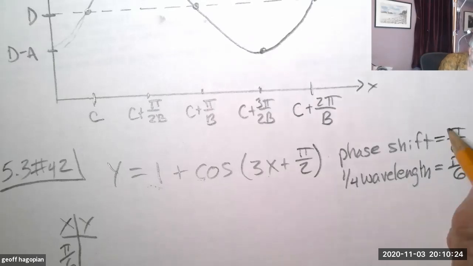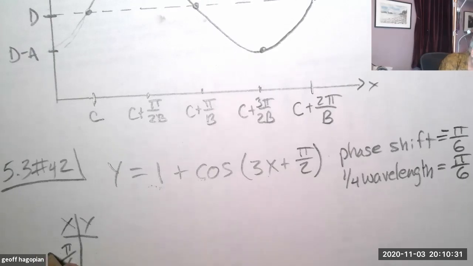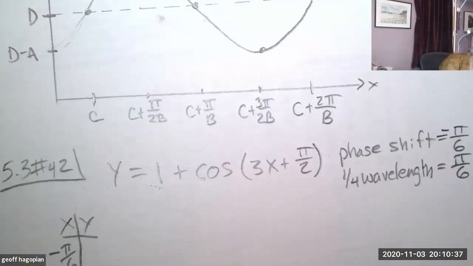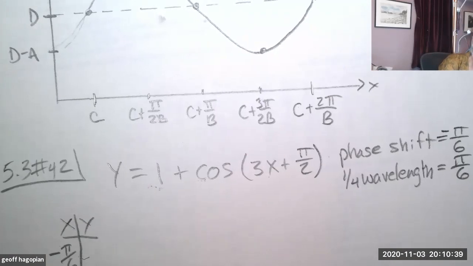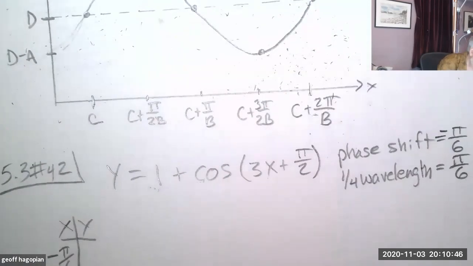Oh, sorry, the phase shift is negative pi over 6. I screwed that up, didn't I? I got the wrong sign. So what does that mean? Well, we start here. Oh, that's kind of unfortunate, huh? That's what you get for being in a hurry. Haste makes waste. All right. So we're going to start at negative pi over 6 and go quarter wavelengths, right?